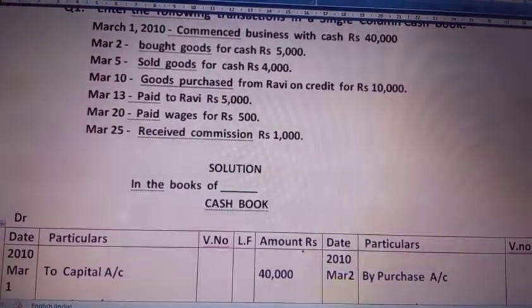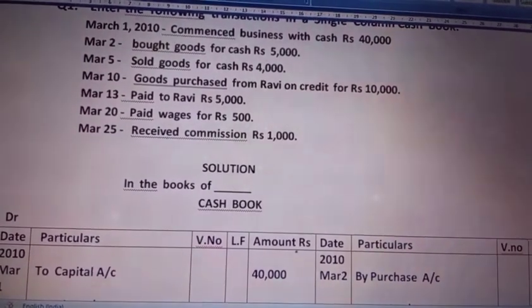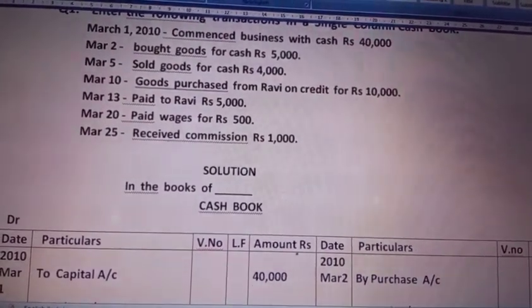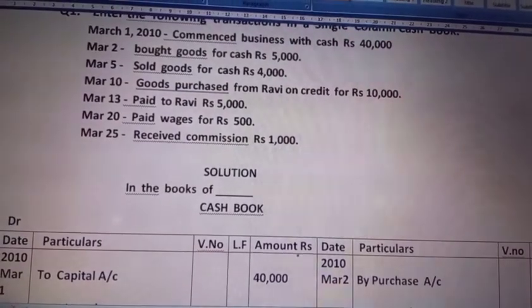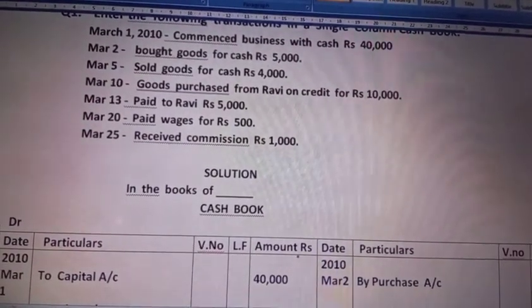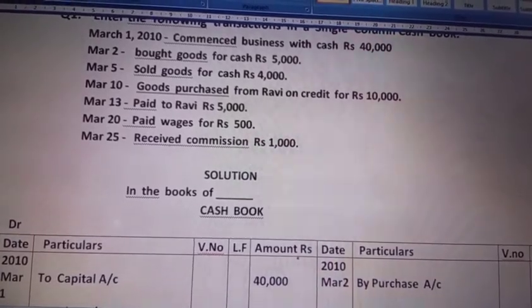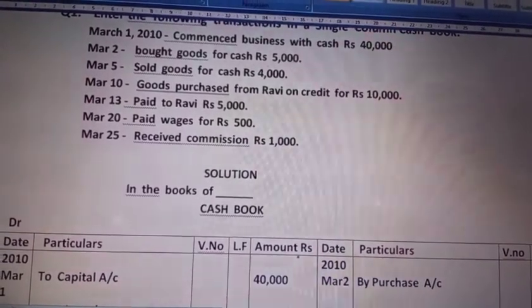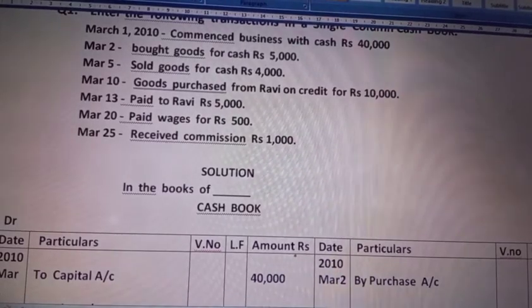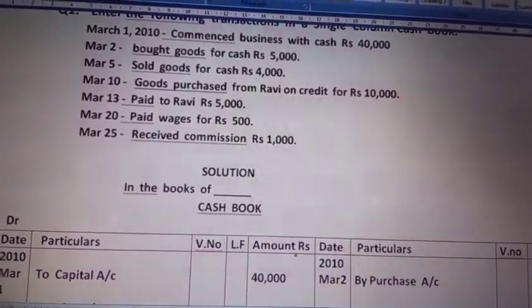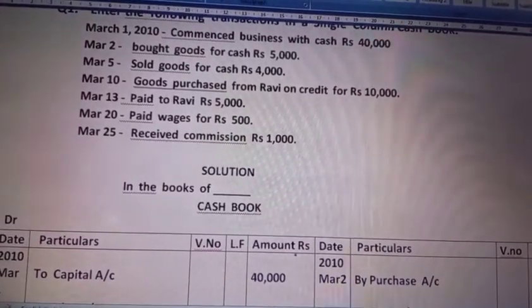Now you must be very much conscious about the mentioning of this word cash. If it was written here, bought goods from any business enterprise, suppose X Limited, then we would have considered it as a credit transaction and it would not have been recorded in the cash book.